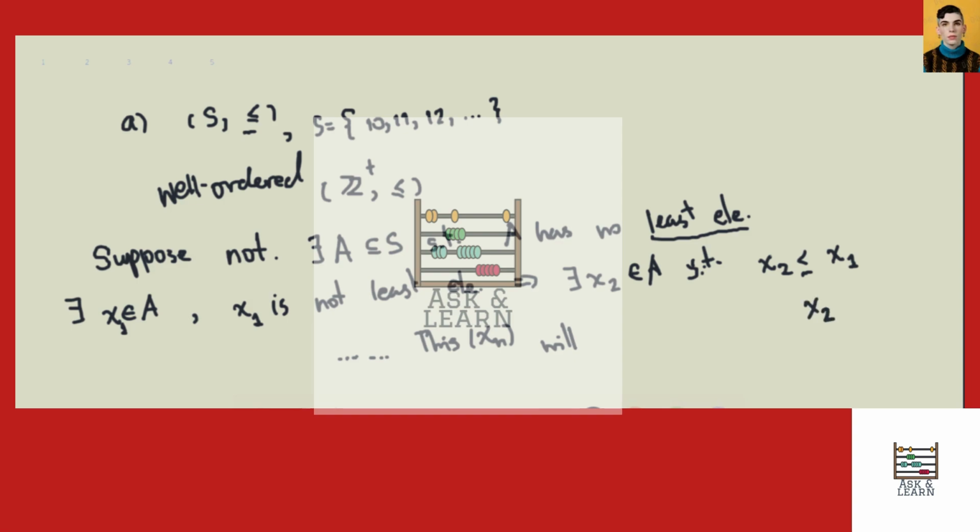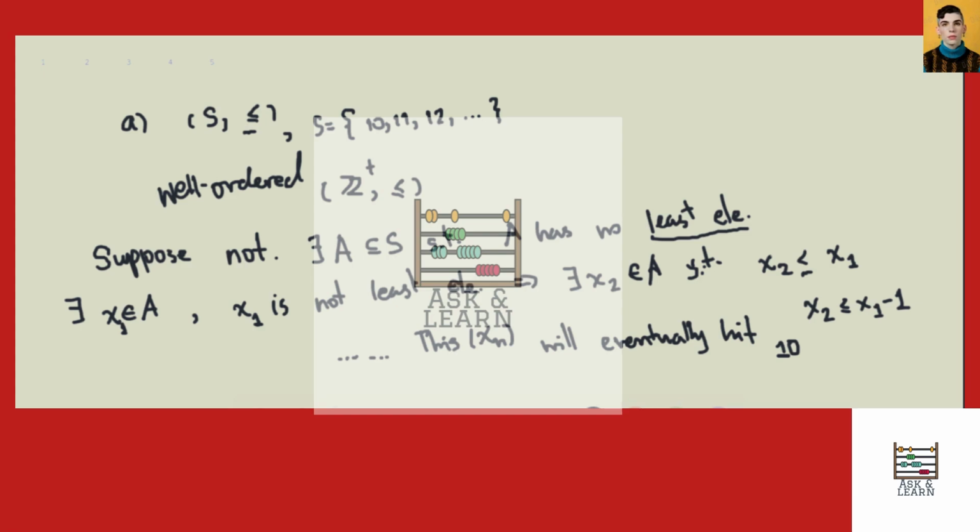It's strictly decreasing by at least 1. So X2 is at least X1 minus 1, but it can be much lower. We don't know. But this sequence defined like this will eventually hit 10, right?